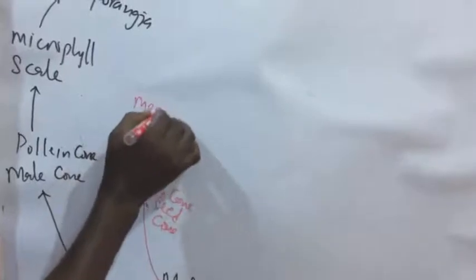Like we have pollen cone for male cone, we have seed cone for female cone. The seed cone has megaphyll. Like I described here, megaphyll is leaf-like.